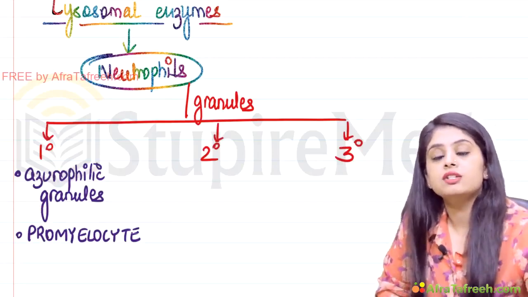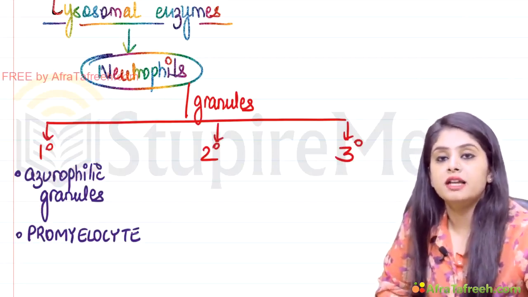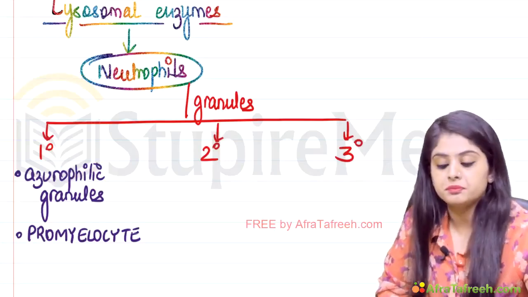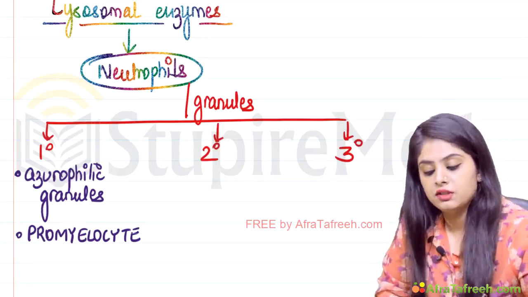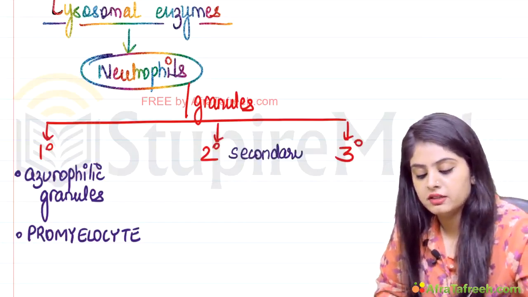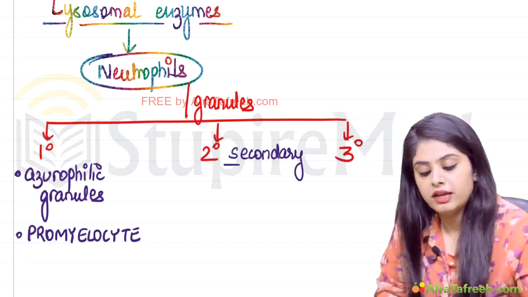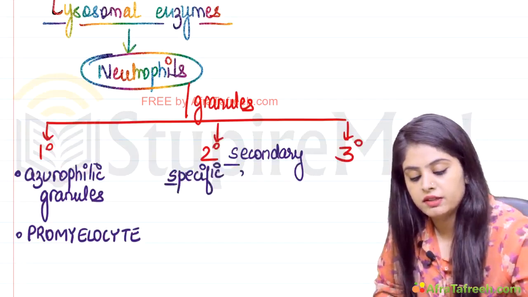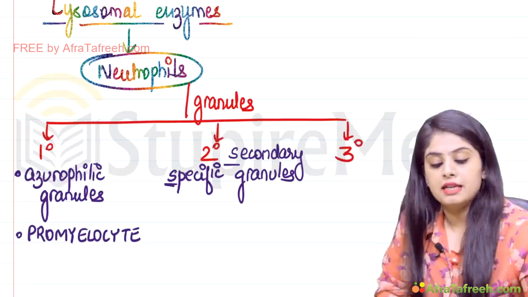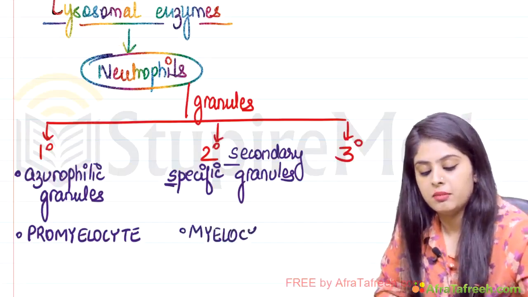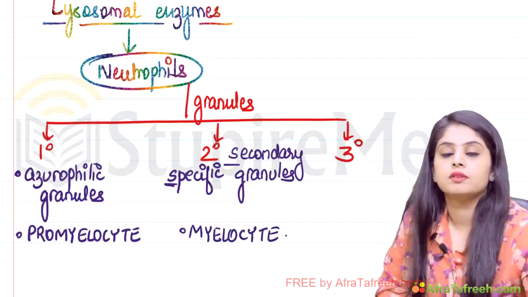So right in that initial stage of a promyelocyte, the granules it has are the primary azurophilic granules. Secondary granules, S for secondary, are known as the specific granules. And which stage are they present from? They are present from the myelocyte stage.